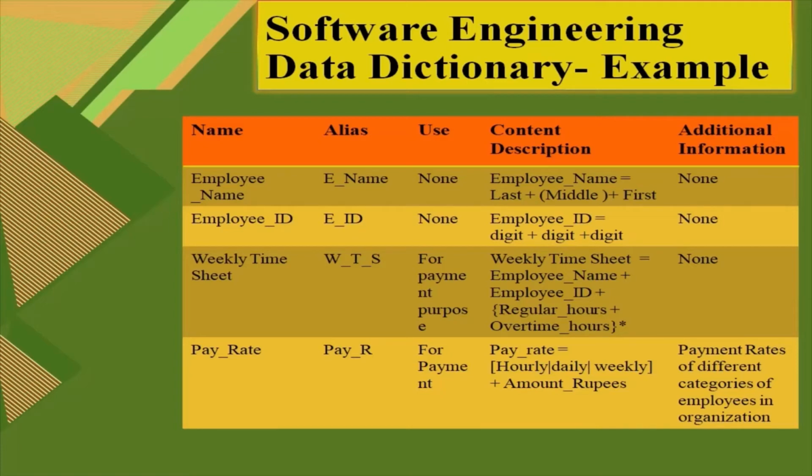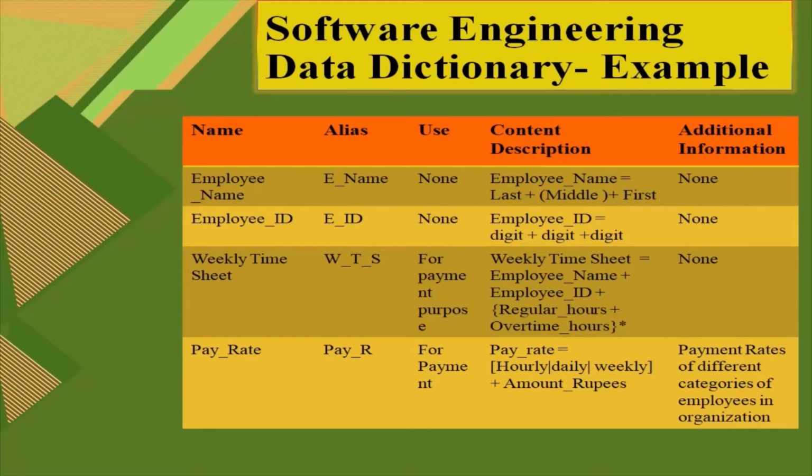And the third row of the table is weekly timesheet. W_T_S is the alias name. Weekly timesheet is composed of employee name and employee_ID, and regular hours plus overtime hours are included in the braces, which means repetition is there.